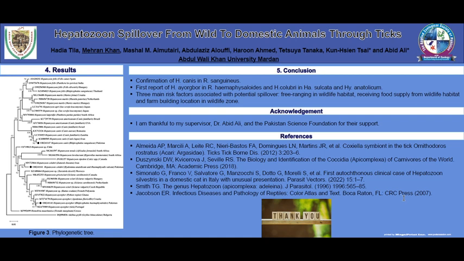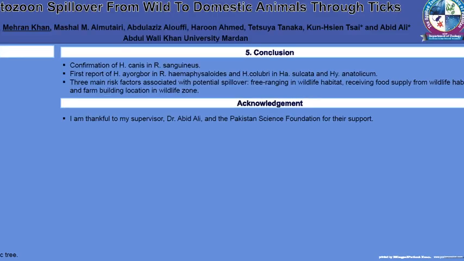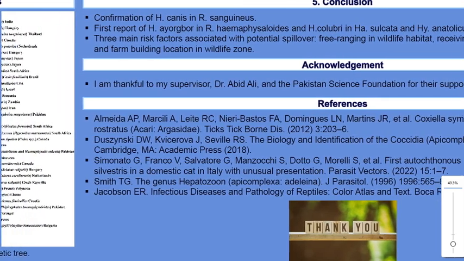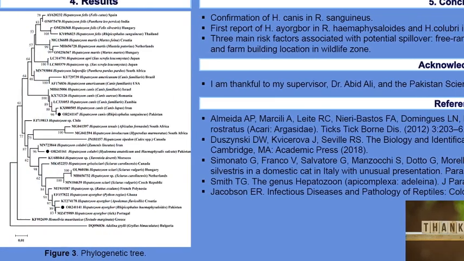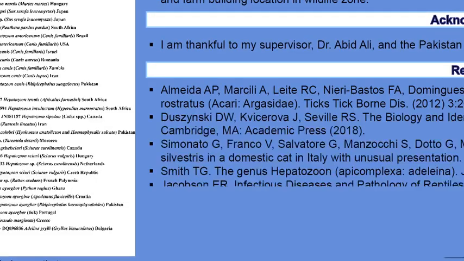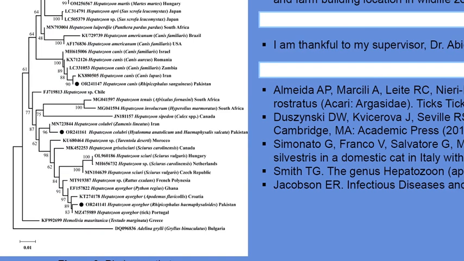This is the phylogenetic tree, and in this phylogenetic tree, the sequences with the black dots are sequences of our study. Here the Hepatozoon canis was clustered with the same species from Israel, Romania, Zambia and Iran.